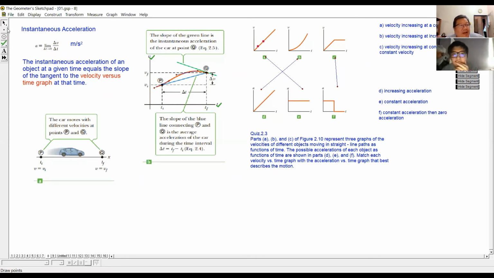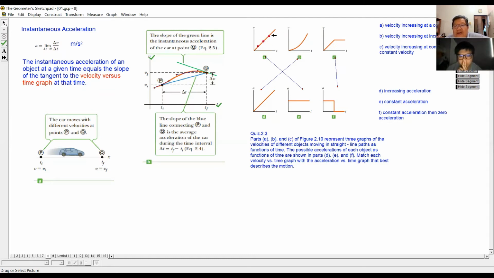You can extend it to another point, probably over here. We see that the velocity is increasing, and because it is a straight line, it is increasing at a fixed rate. So we say that the velocity is increasing at a constant rate.